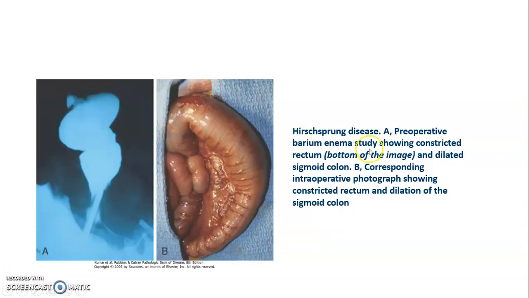The microphotograph is showing Hirschsprung disease. In photograph A, it is a preoperative barium enema study showing constricted rectum and dilated sigmoid colon, and it corresponds to the intraoperative photograph showing constricted rectum and dilation of the sigmoid colon.